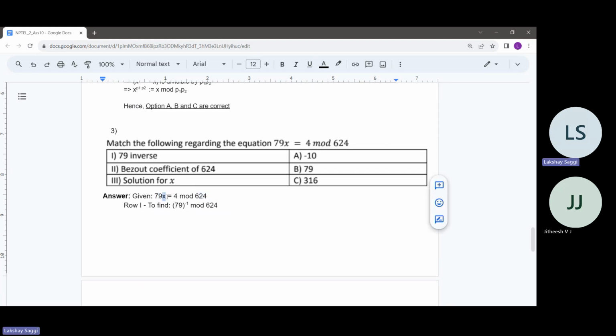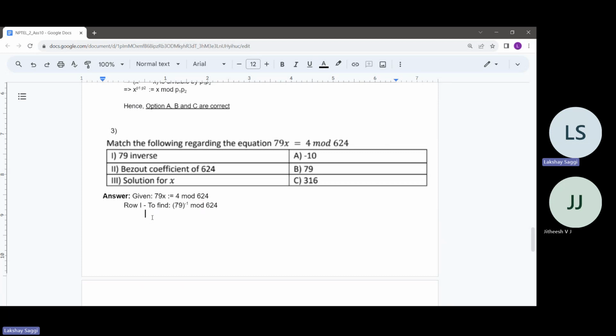Then x is congruent to 79 inverse multiplied by 4 mod 624. So first we need to find the value of 79 inverse mod 624, then multiply it by 4 and take mod 624, and from that we get the value of x.